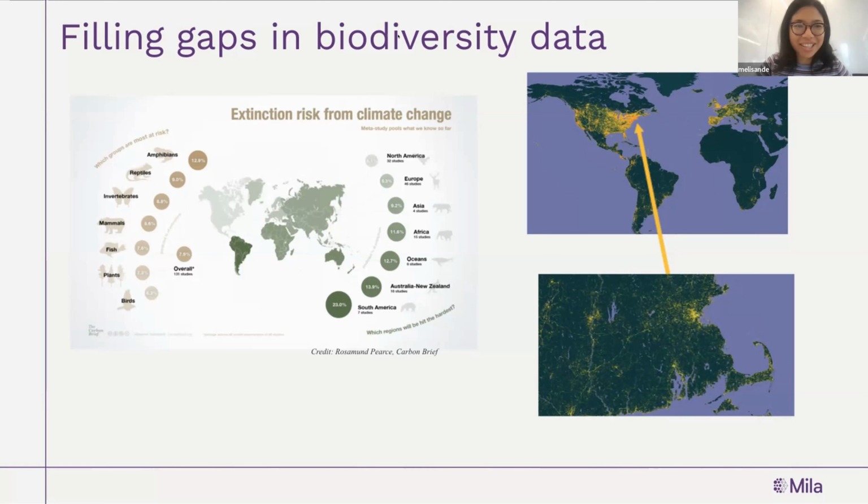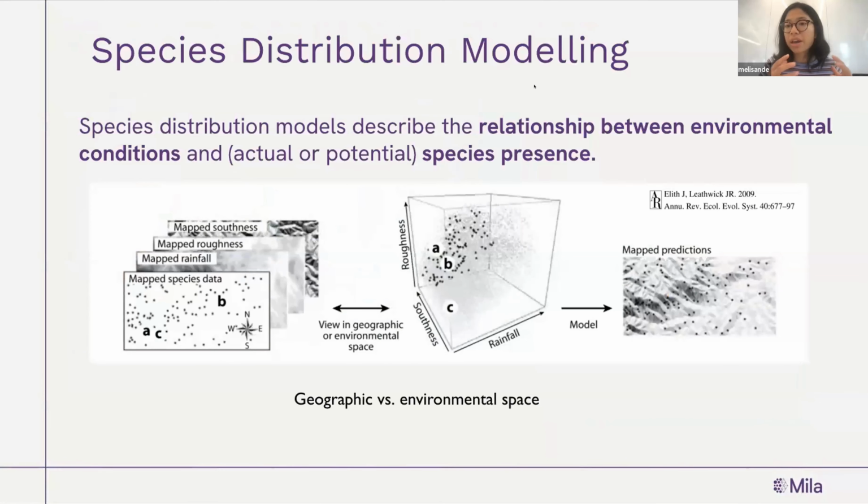Of course, I do research in computer science and deep learning, but ecologists have not waited until deep learning was there to tackle this problem. There's a whole field called species distribution modeling, which is what ecologists do to understand the distribution of species. Basically, they try to describe the relationship between environmental conditions and actual or potential species presence.